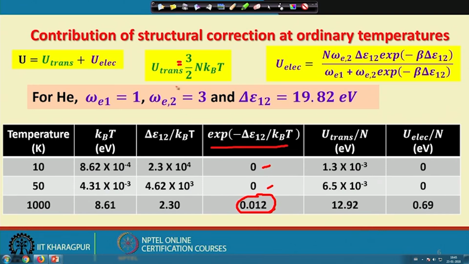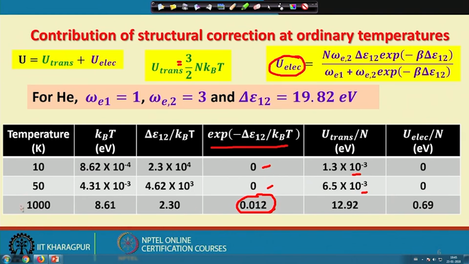So, if I find out U trans, then I find that at 10 Kelvin U trans is about 10 to the power minus 3 electron volt, and then if I go to 50 Kelvin, it remains in the same range, it is just that this prefactor changes. But essentially, just because these exponential terms are essentially 0, therefore, the contribution to U electronic by n is going to be 0.